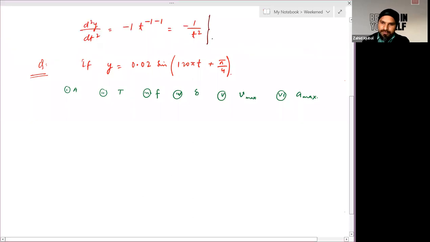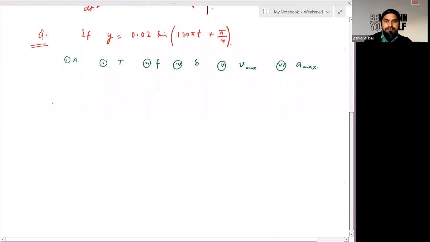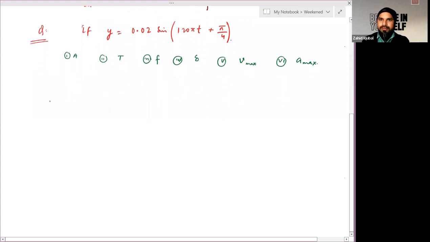The last part will be calculation of time period, for which I had defined a spring mass system in which we have done series combination, parallel combination, then simple harmonic motion, simple pendulum, oscillation of bob.